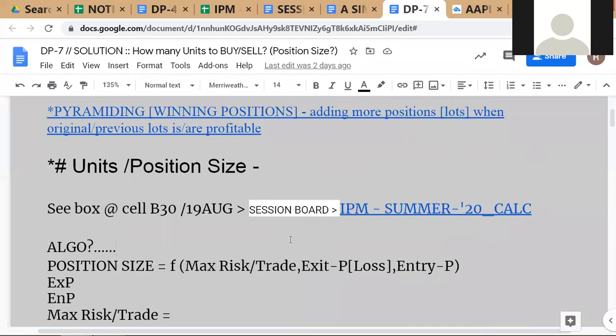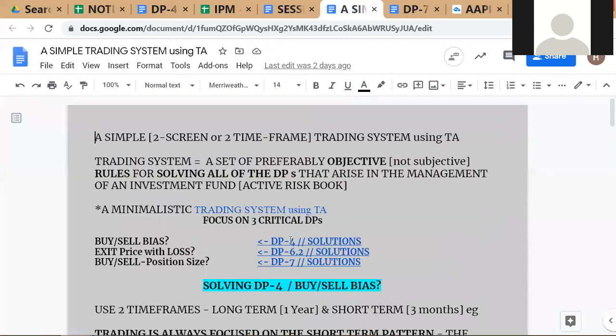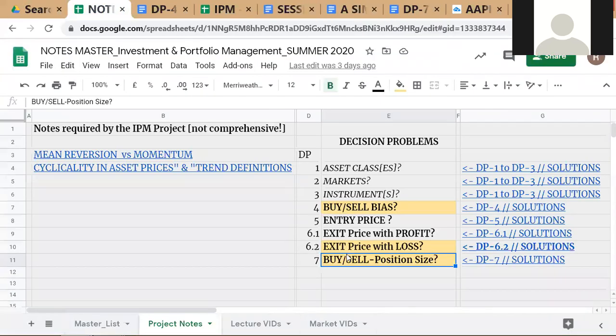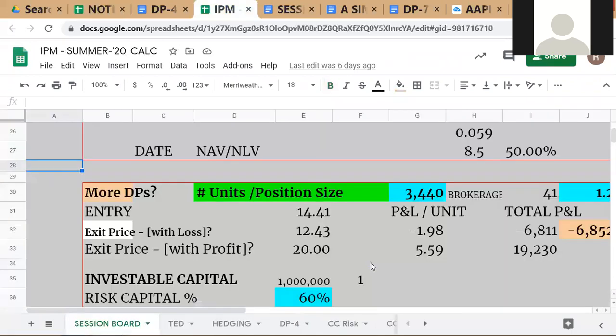If you see, this is 7.2. Please remember, this is to be stated in general terms. When we talk about position size, we want to state it in general terms as number of units or position size. We don't want to say number of shares.